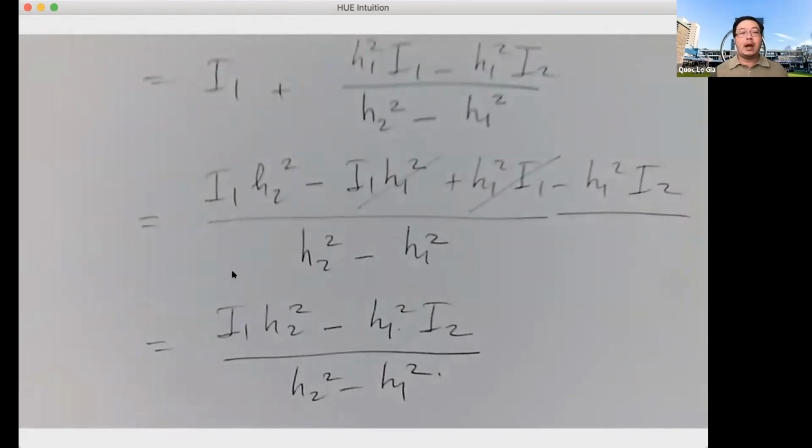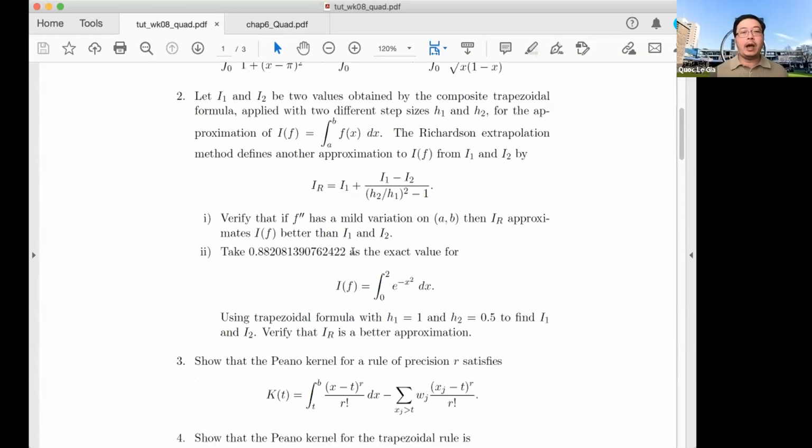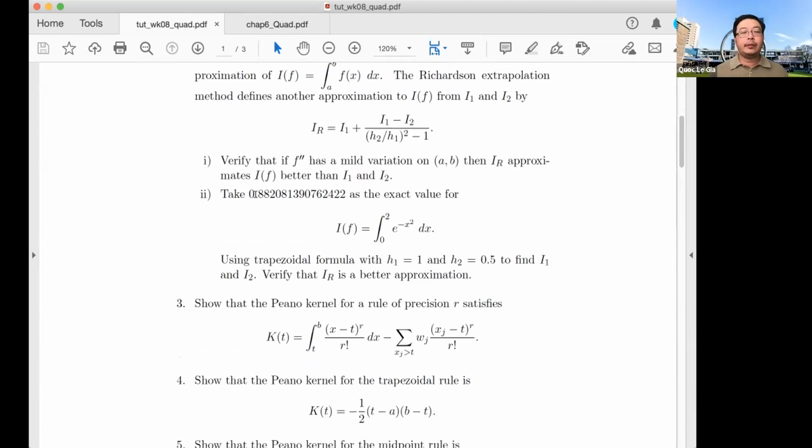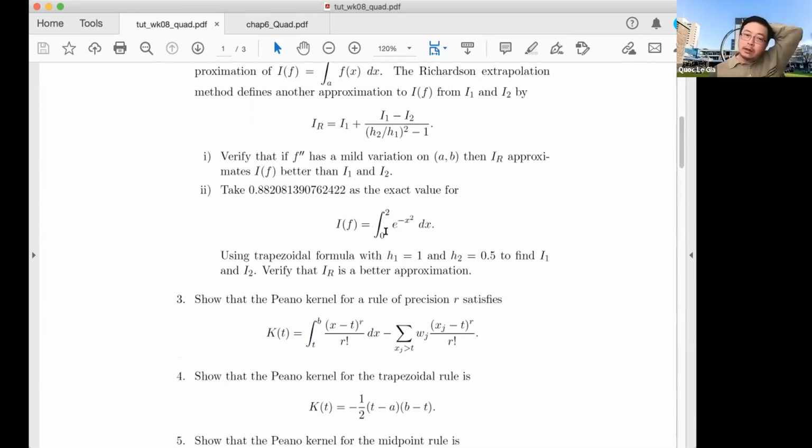Now we try to verify it with the following example. Suppose you have the integral from 0 to 2 of e to the minus x squared dx. Use the trapezoidal rule and verify that I_R is a better approximation.